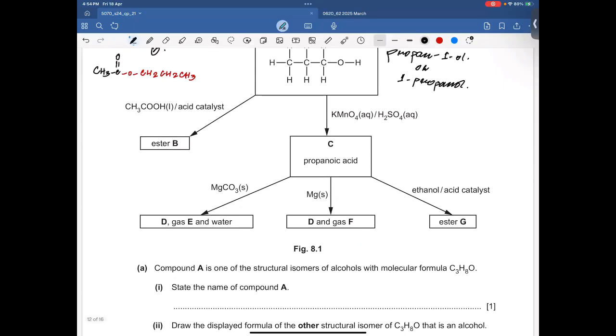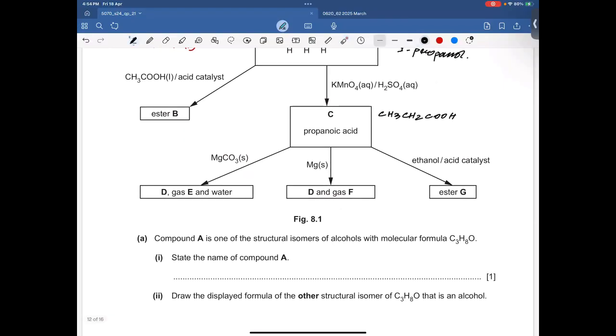KMnO4 converts it into propanoic acid. Propanoic acid has a formula of CH3, CH2, COOH. When propanoic acid is treated with magnesium carbonate, magnesium propanoate is formed. Magnesium propanoate has a formula of CH3, CH2, COO taken 2, and then Mg. That's my D. And E is basically carbon dioxide and obviously water.